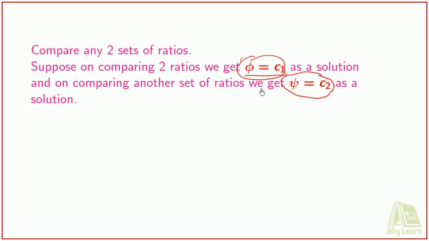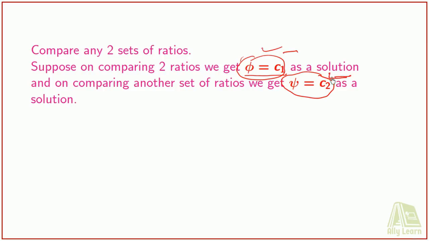One more point I want to make is that it might be possible that on comparing the third set of ratios, we will also get a solution, but that solution will depend on the first two solutions. This means we cannot get three independent solutions. On comparing the sets of ratios, we can get only two linearly independent solutions.